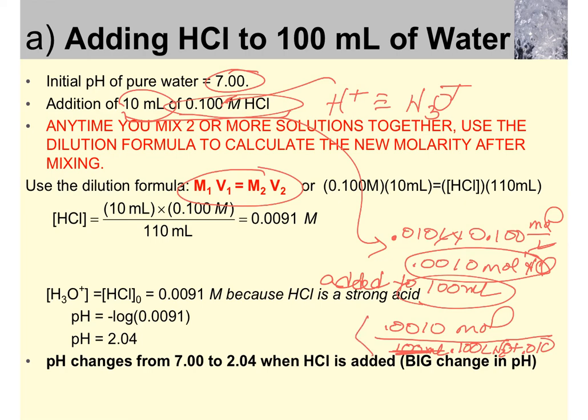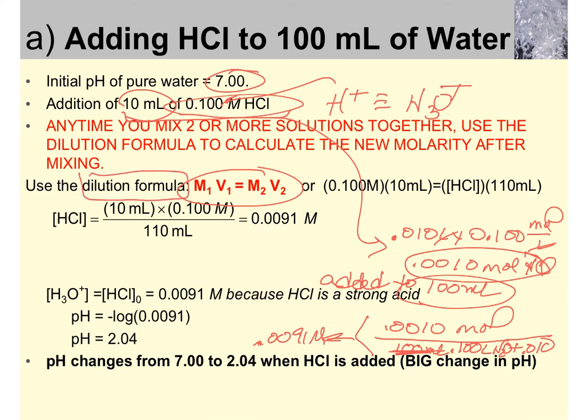So the molarity of HCl that was added to pure water is 0.0091 molar.